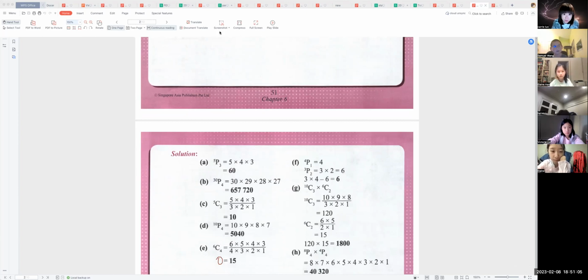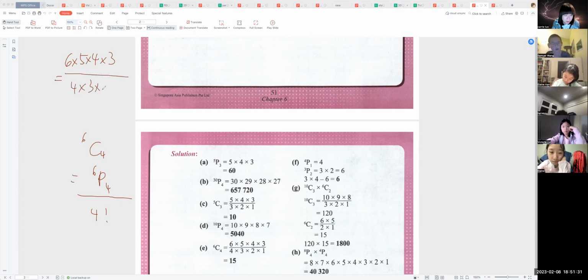So C64 actually equals P64 divided by 4 factorial. Understand? Okay, so you see C64 is 6 times 5 times 4 times 3, right? So divided by 4 times 3 times 2 times 1. Okay. Get it?